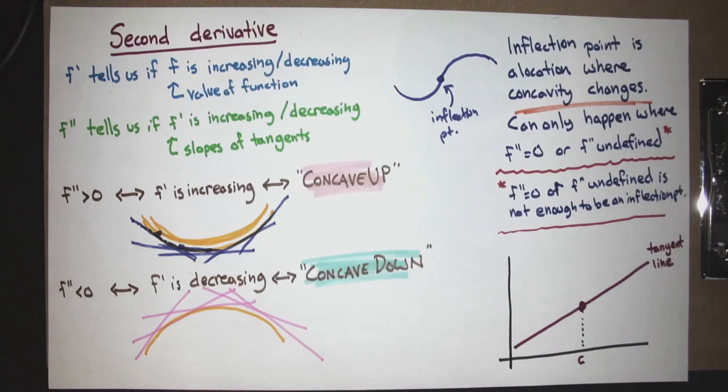So, I've drawn here a picture. There's an unknown curve, and we don't know it, but we have the tangent line at a particular point. Now, that's not the curve, but the tangent line is a good approximation to the curve. The question is, what is the curve doing?